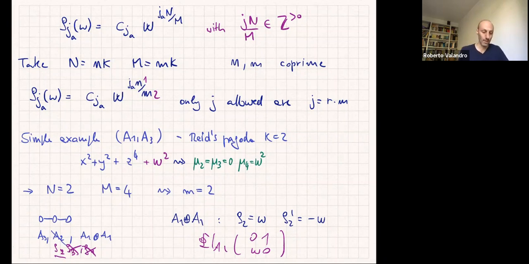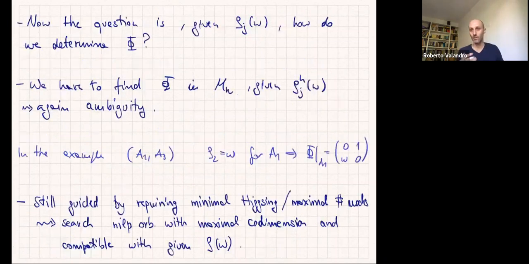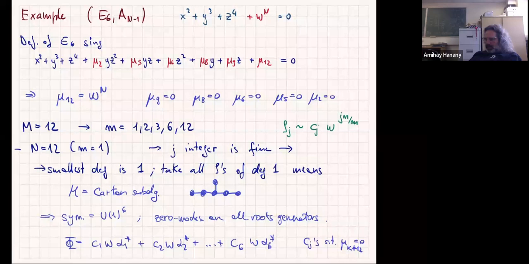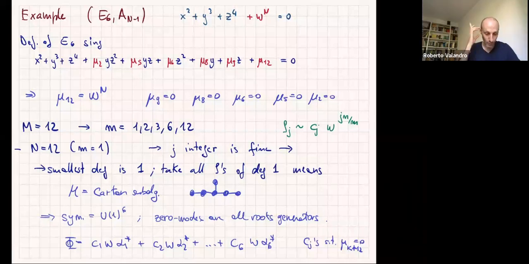And to do this, you can again work with homogeneity. It's again another tricky step. But we were able to do this, and we were able then to compute all the data that we can compute about the Higgs branch.